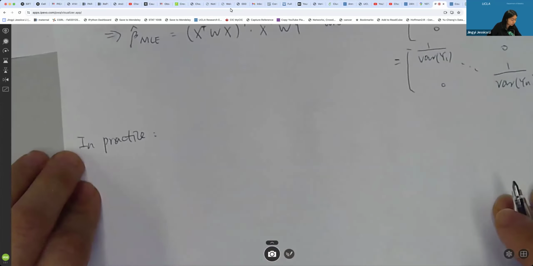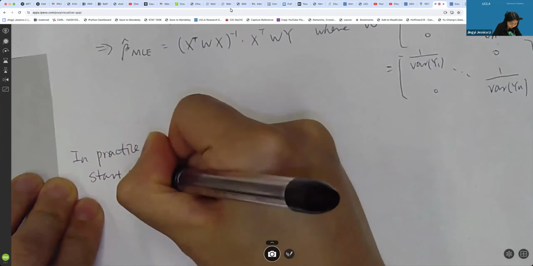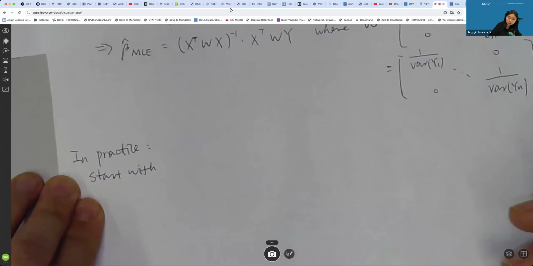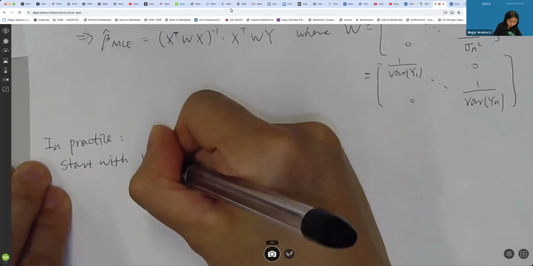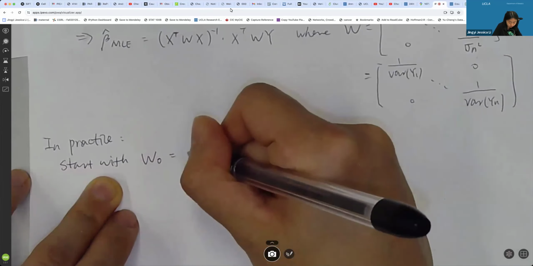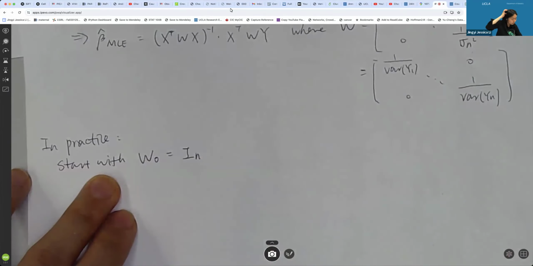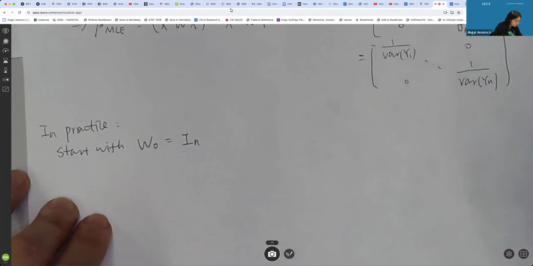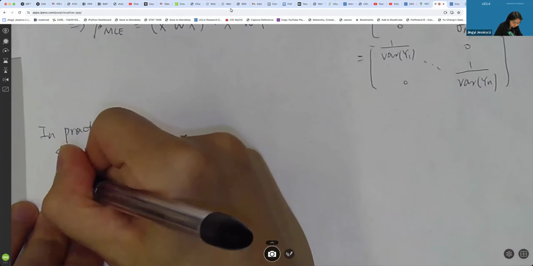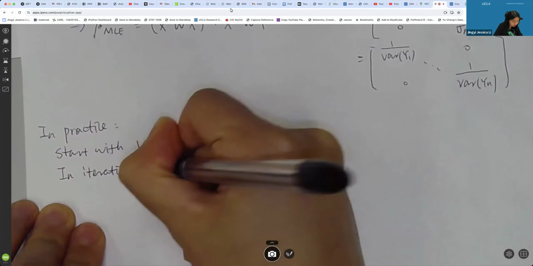In practice, we start with just an identity matrix for W. Let's say we start with W0 to be just the identity matrix. Then we fit in each iteration t.